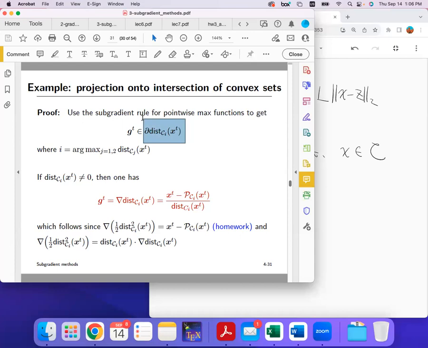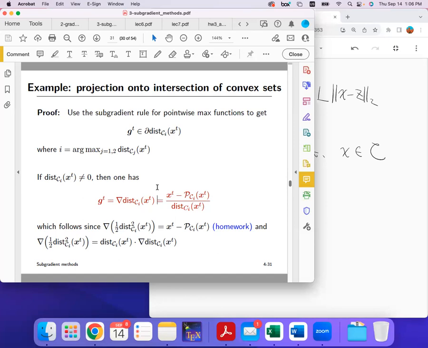The red equation shows that, and this is another classic result: this distance function is actually differentiable, and so the subdifferential is essentially the gradient.